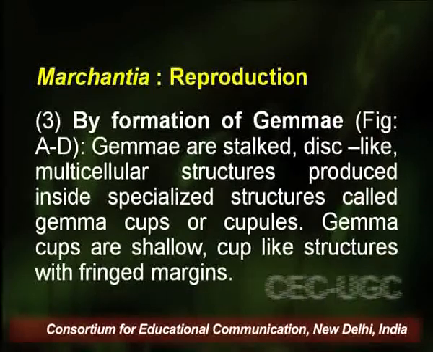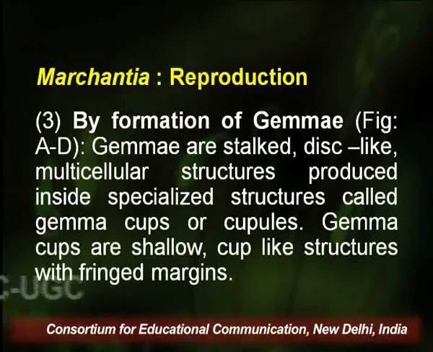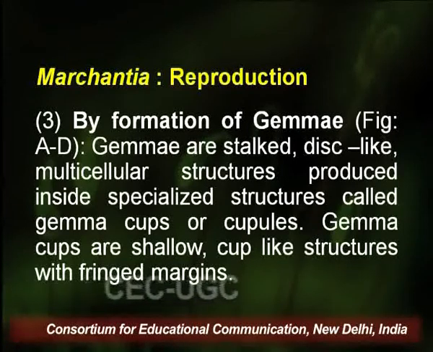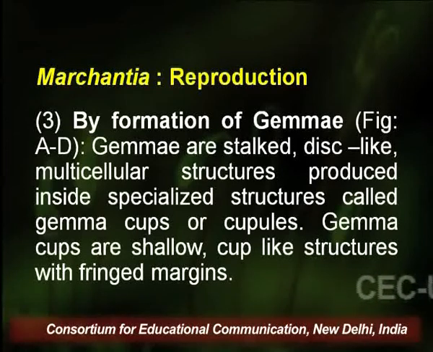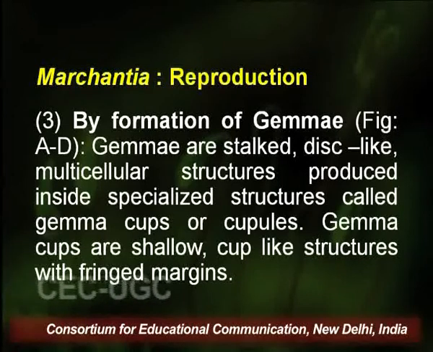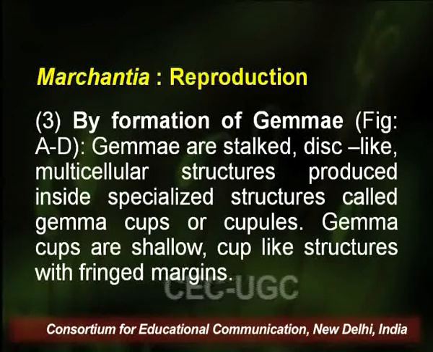The third and most common and prominent method of vegetative reproduction in Marchantia is by formation of gemmae. Gemmae are stalked, disc-like multicellular structures produced inside specialized structures called gemma cups or cupules. Gemma cups are shallow, cup-like structures with fringed margins.